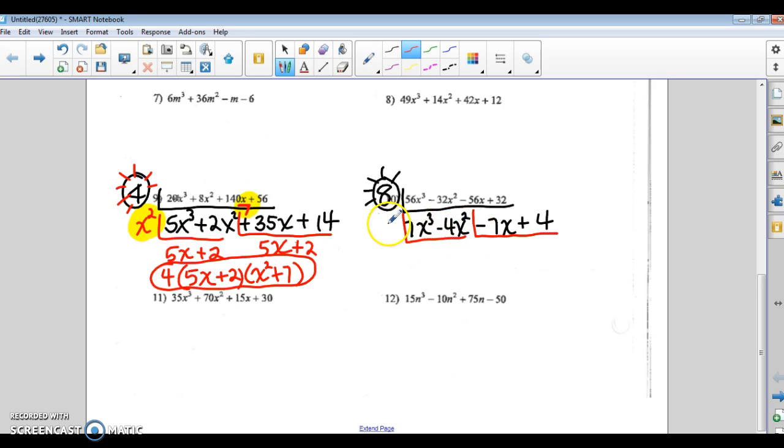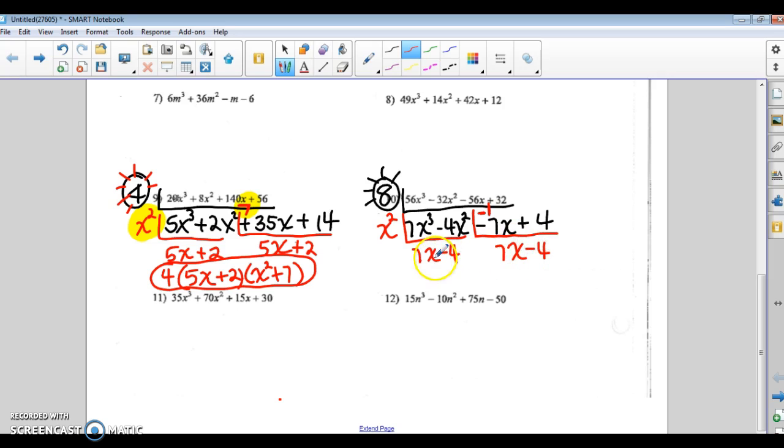It's going to be x squared. 7x cubed divided by x squared is 7x. 4x squared divided by x squared is minus 4. You also remember that if your leading coefficient is negative, you factor out a negative 1. So if you factor out negative 1, negative 7x divided by negative 1 is 7x, and 4 divided by negative 1 is negative 4.